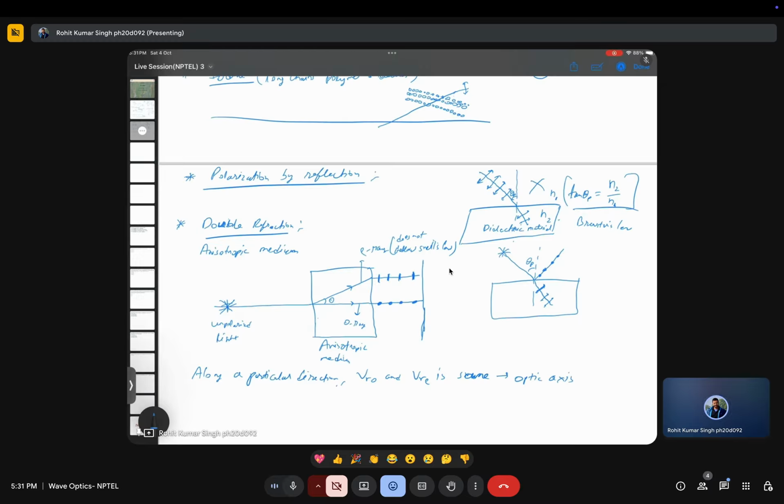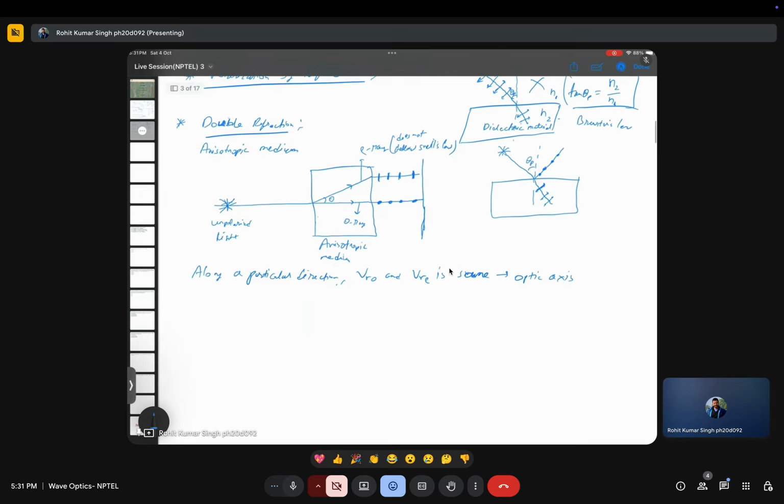Okay, so you get two polarized lights out of one unpolarized light, and both will have different velocities in general. But if you are measuring the velocity in the direction of the optic axis, they will be the same. So let me write the formula. In the direction of the optic axis, V_O is equal to V_E, given by the speed of light divided by the refractive index for the ordinary ray, along the optic axis.